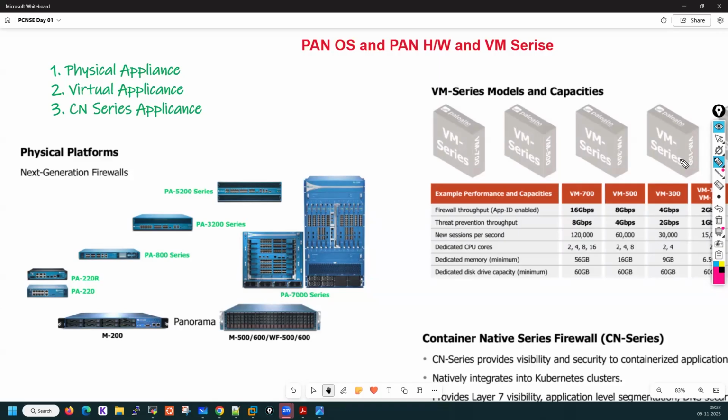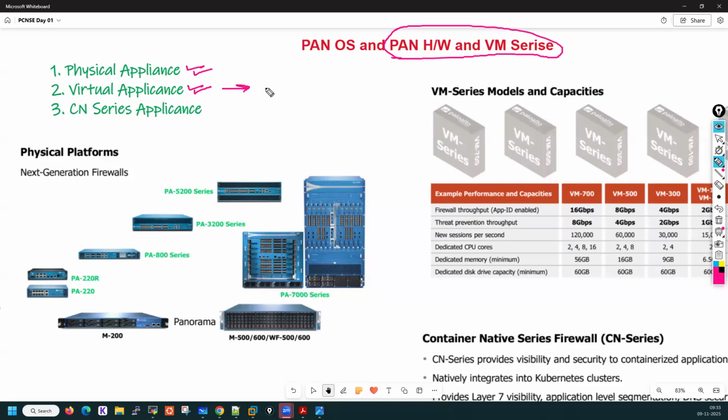Now, let's try to understand, guys, Palo Alto Firewall devices, the hardware appliance and the VM series appliance. So Palo Alto offers three types of appliances: physical appliances, which are also known as hardware appliances; and virtual appliances, which are generally the VM firewalls for different types of hypervisors.